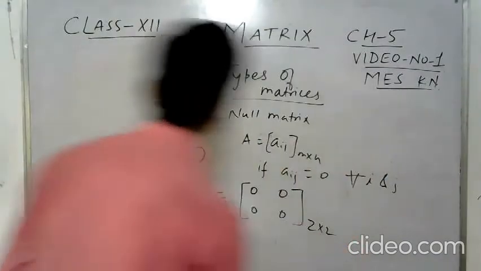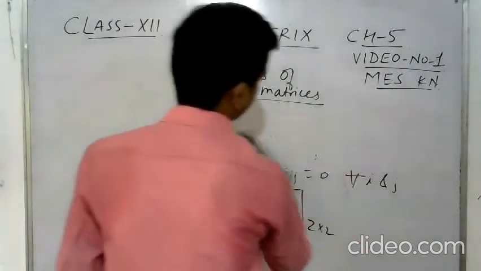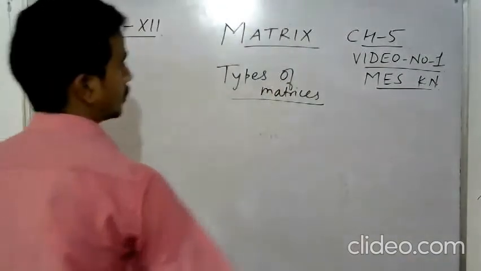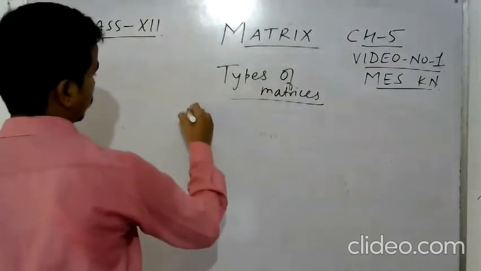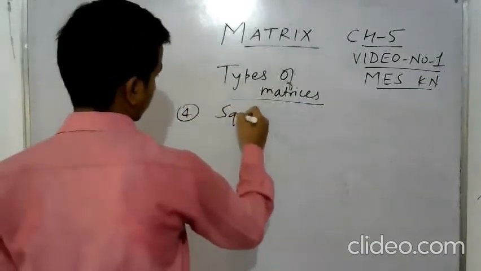Now the next type, the fourth type, is square matrix.